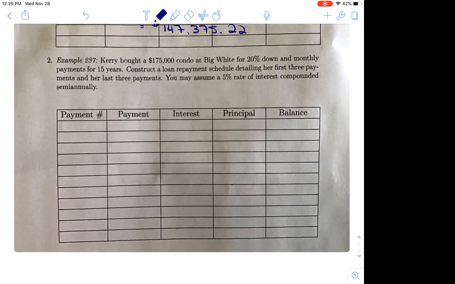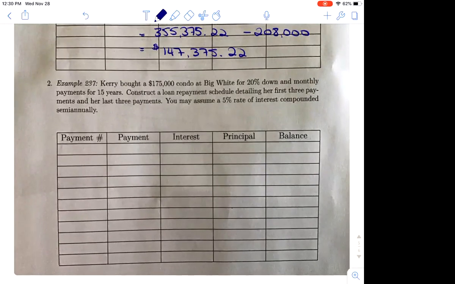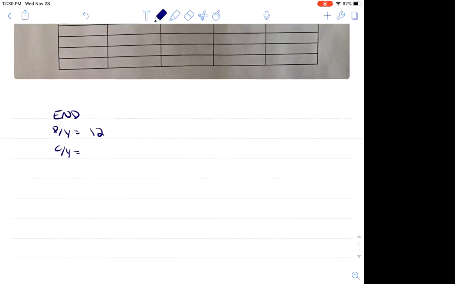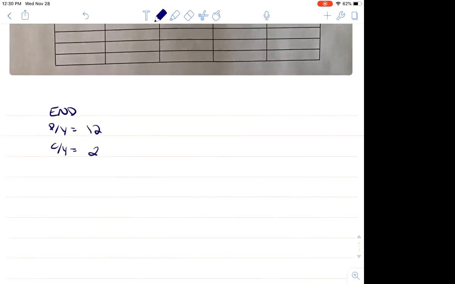And so let's just figure out, so she's making monthly payments. Again, because it's not clear that these are at the beginning of the month, they're going to be at the end. Our payments per year is monthly, and our compoundings per year, semi-annually.